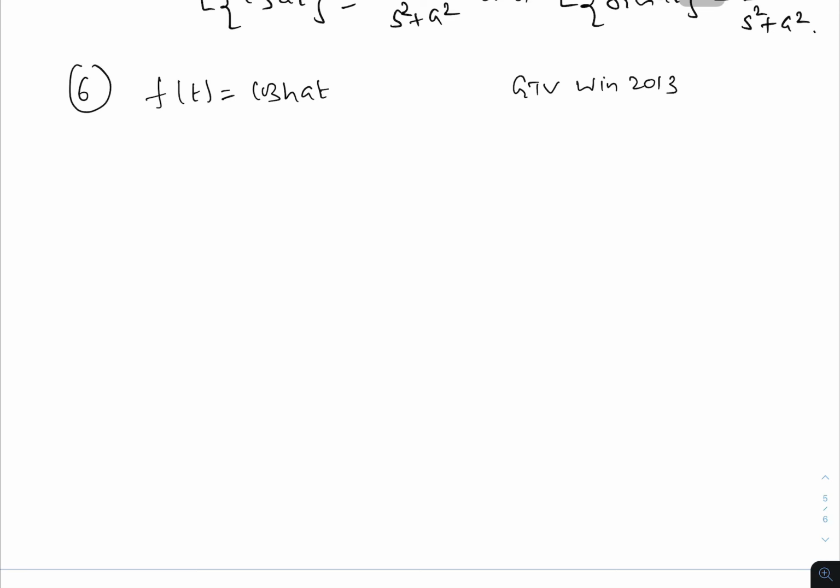Now what we do here is, see, we know that cosine hyperbolic at is e power at plus e power minus at divided by 2.